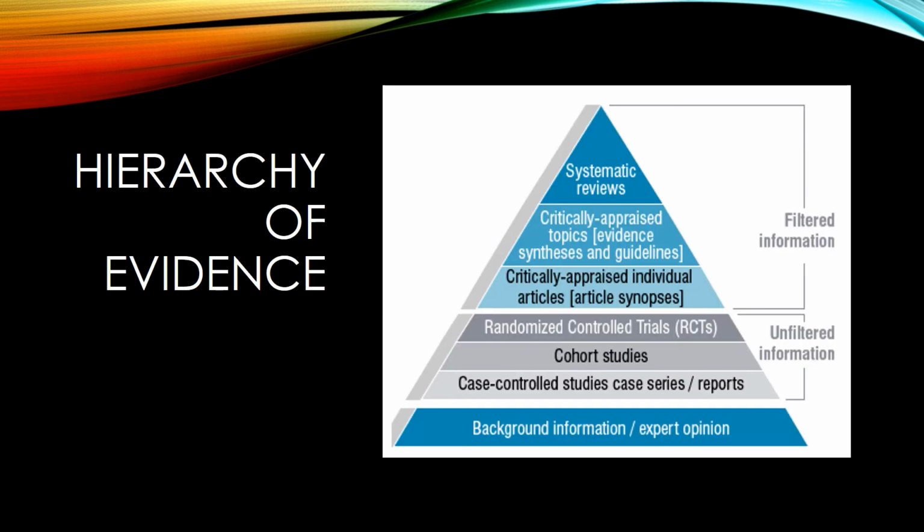So in examining evidence about the origin of diseases, we can actually use various types of evidence. However, not all evidence is equally important or valid. The best is what we call findings from systematic reviews.